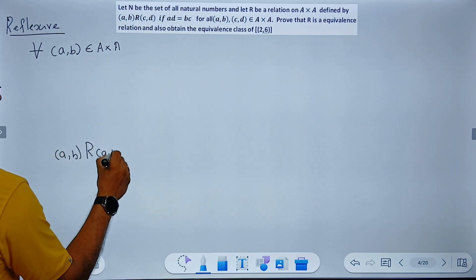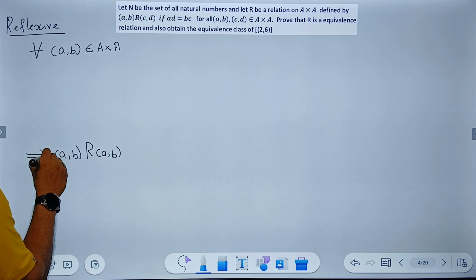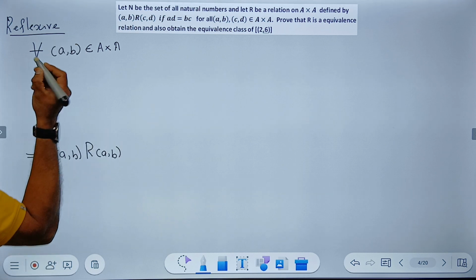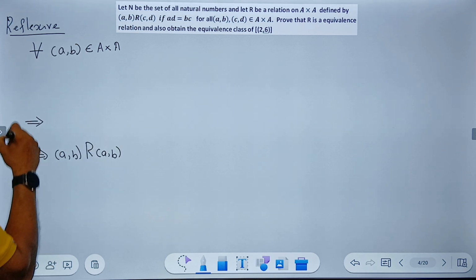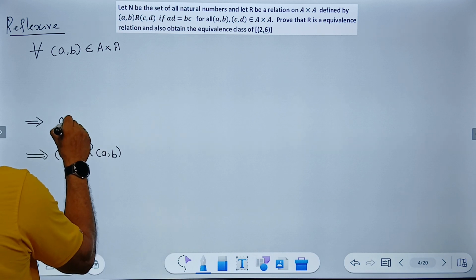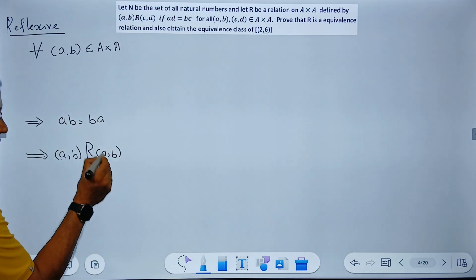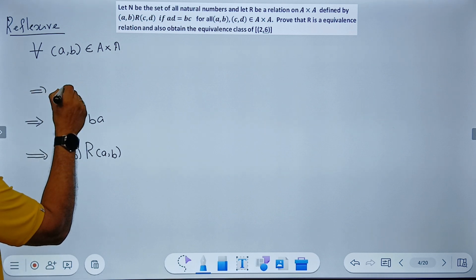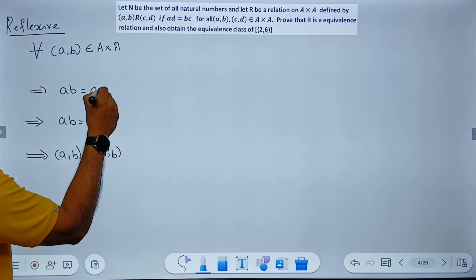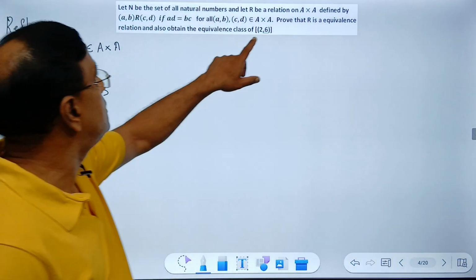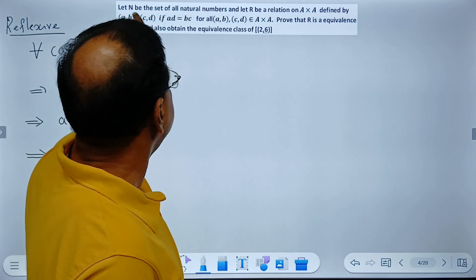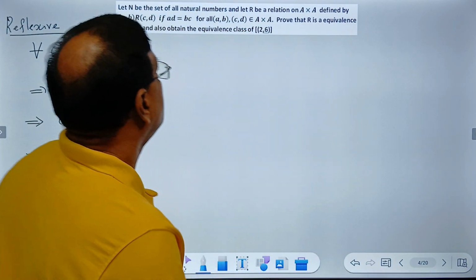Here also I go a little backwards. Not that it's difficult to go from here, but this is easy. You don't have to waste your time to think. So you get AB equal to BA, correct? AB equal to BA. So obviously, AB equal to AB. Why? Because A is N, set of all natural numbers, okay?